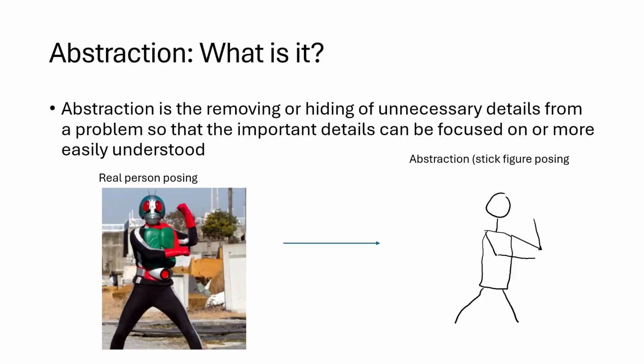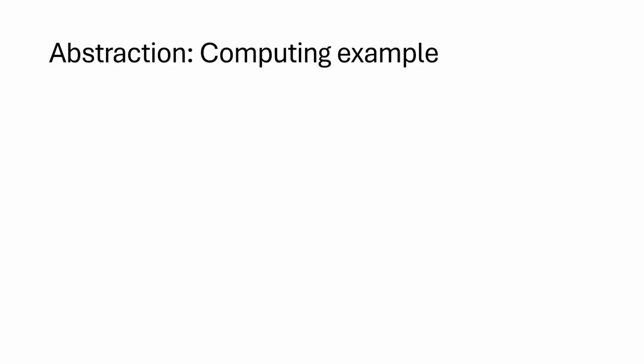So it throws away a lot of details that exist in real life that you don't care about, and it just gives you how their arms were moved. And more generally, a stick figure is an abstraction of human anatomy, where human anatomy is quite complex, but if you want to focus on certain details, like we have two arms, two legs, and a head, a stick figure is a good abstraction of that.